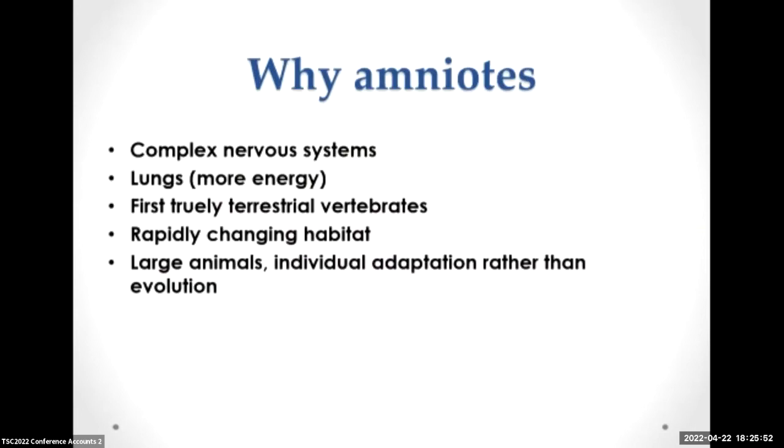And there's actually another reason why you'd expect the amniotes, the early reptiles, to evolve new or novel strategies for behavior. For one, they started out with a quite complex nervous system compared to other animals that are present out of the water.